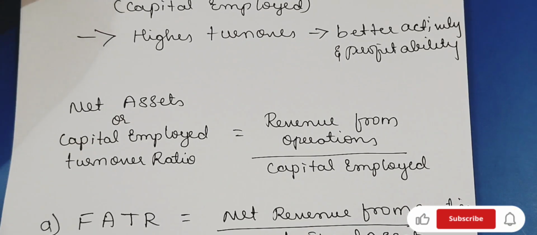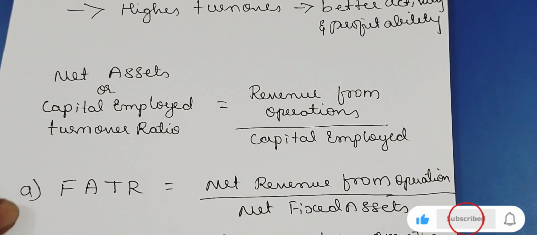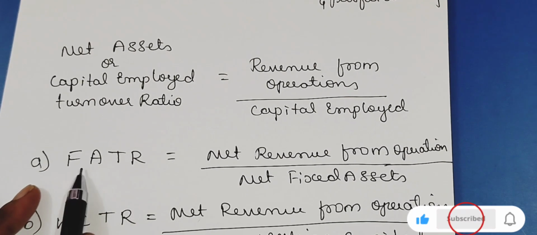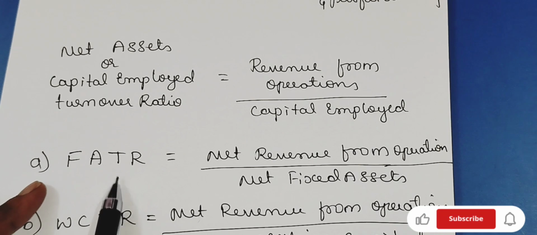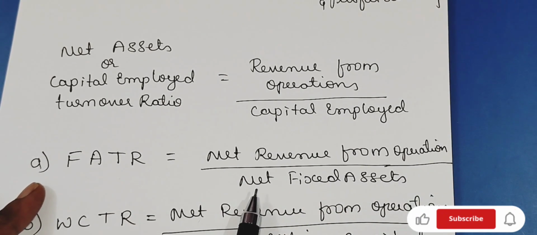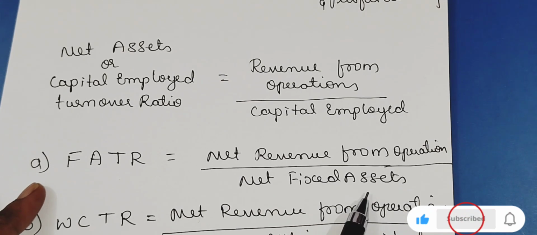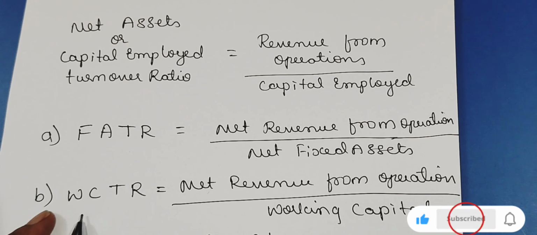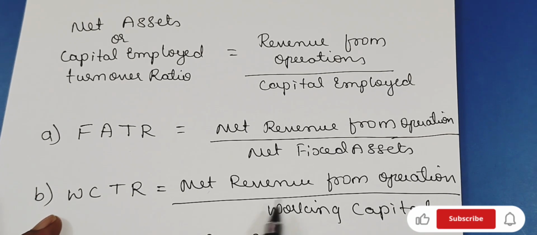Okay, so further we can calculate the capital turnover ratio. We can understand it by using the fixed asset turnover ratio. Here net revenue from operations divided by net fixed assets after deducting depreciation. Working capital turnover ratio is net revenue from operations divided by working capital.